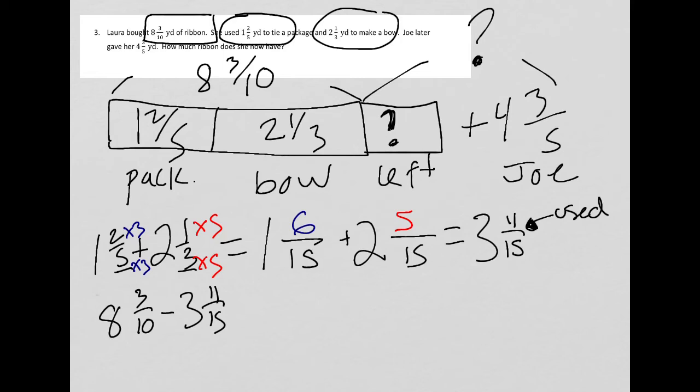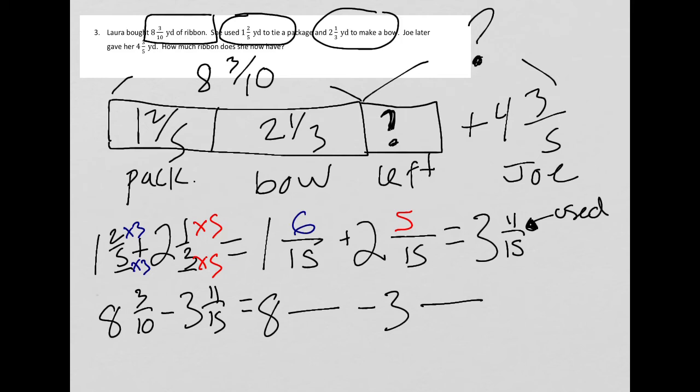This is going to be a really big denominator because I'm looking at 10 and 15. You might at this point notice a smaller denominator that can be used, and you can go ahead and go with it. When you're thinking about a common denominator, you just want to make sure that both of your fractions go into that number.